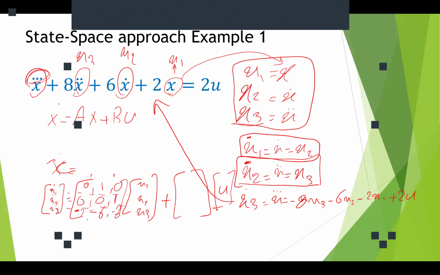Are we good? Now, for the B matrix, x1 dot does not get affected by u, correct? So 0. Same for x2. But x3 dot has 2 times u in it. So we have 2 here.